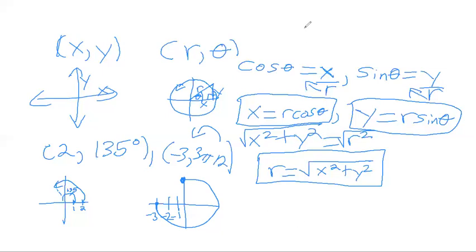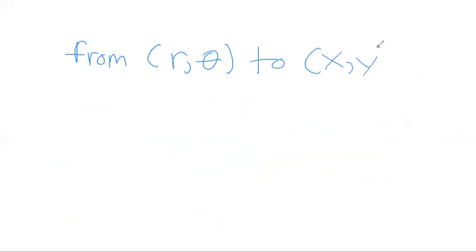So let's go into something a little bit further now. Say I want to convert from polar coordinates r, theta to Cartesian or rectangular coordinates x, y. For example, suppose I have in polar coordinates 2, 3 pi over 2.